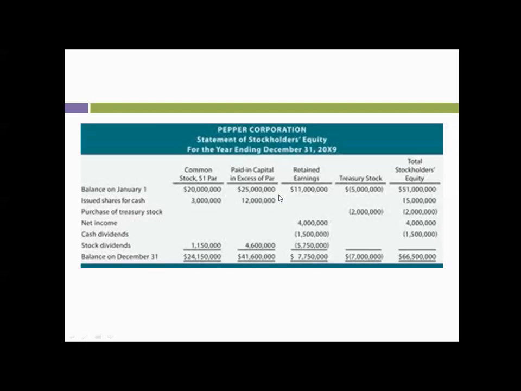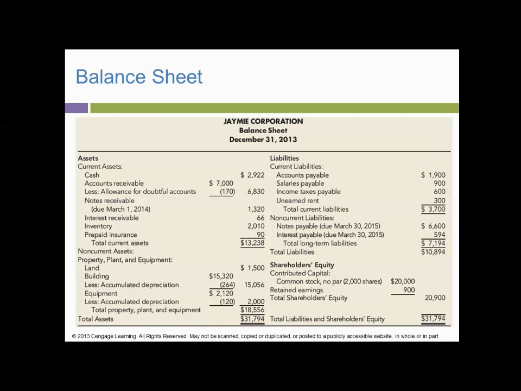In this case, all we're going to have is net income, and you don't even have any dividends. So all this stuff here is just an example, but really yours is going to be very simple, because you just have beginning balance plus your net income, and you get your new balance at the end of the period. This is just an example of what a more complicated one looks like.